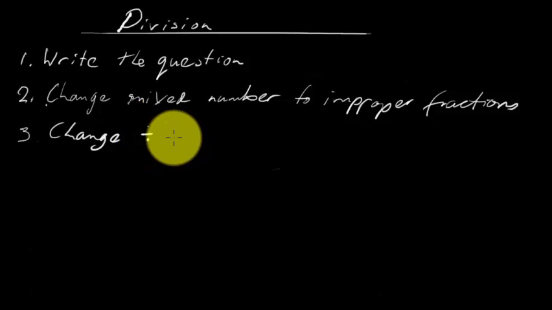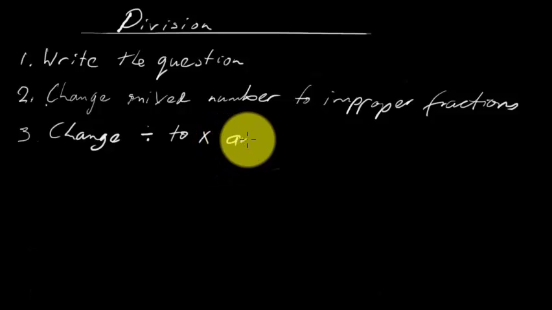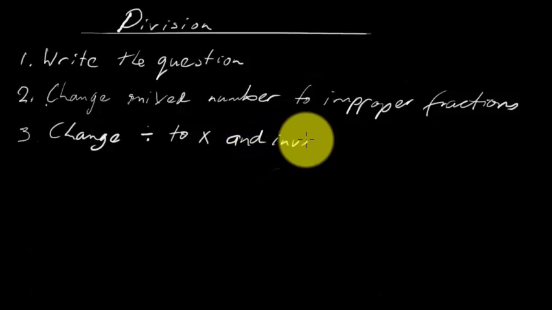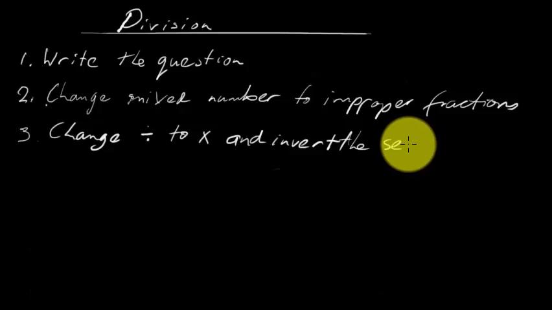So change division to multiplication, and we invert, so we flip upside down the second fraction. Okay, and we'll see an example of this. So invert means basically flip upside down, so the numerator becomes the denominator and vice versa.